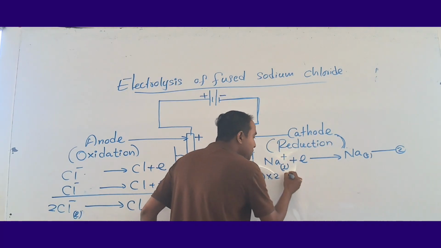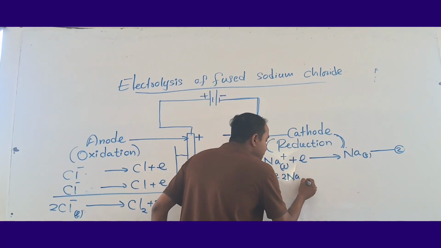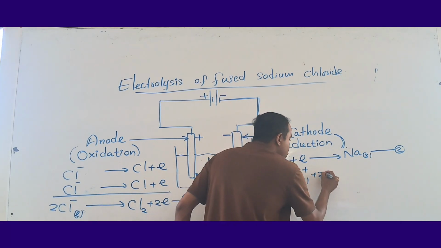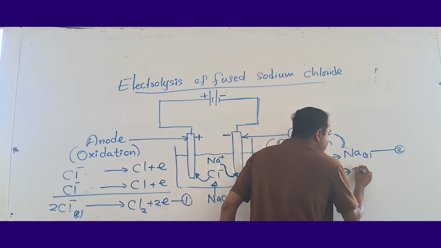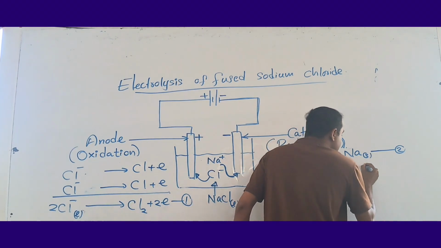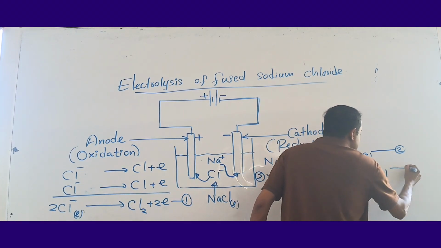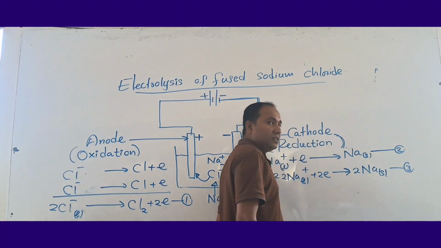After that, what will happen? 2 Na+ receive 2 electrons and form 2 Na. This is equation number 3.